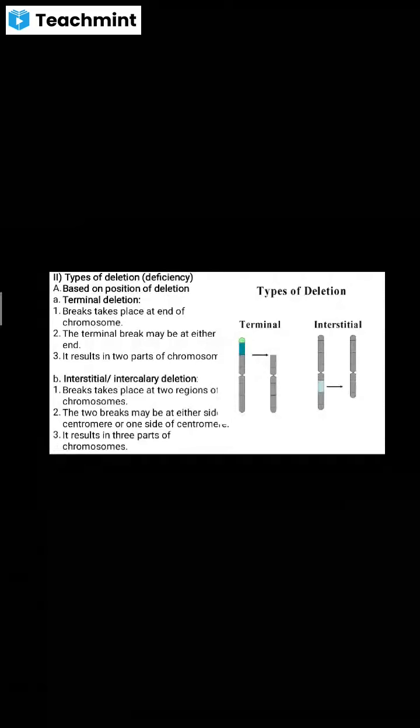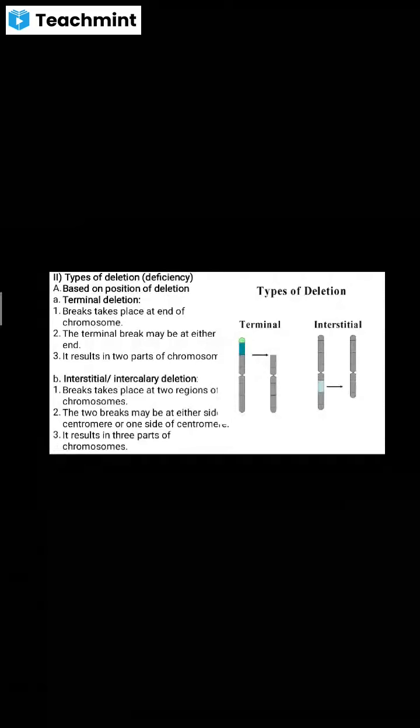Here the breaks take place between two regions of the chromosome. Due to these two breaks, on either side of the centromere or on one side of the centromere, the chromosome can result in three parts.